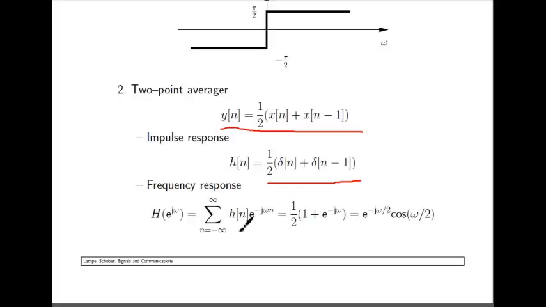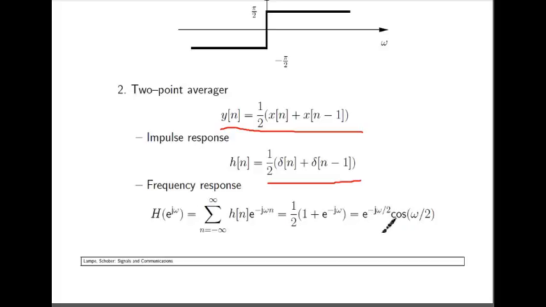And if I am considering n equals 1, then it will be h of 1 e to the power minus j omega, and h of 1 will be half only. Okay, so it will be 1 by 2, half will be common, and 1 plus e to the power minus j omega.